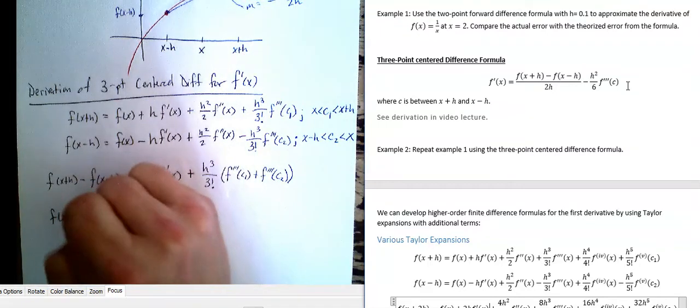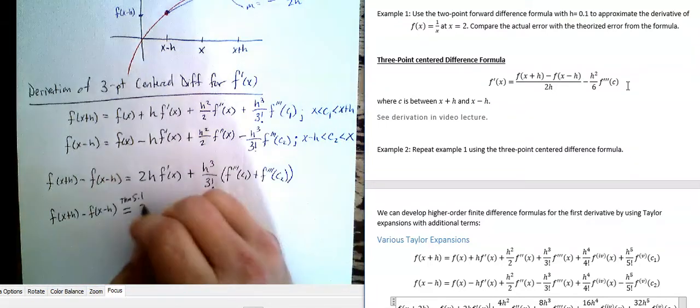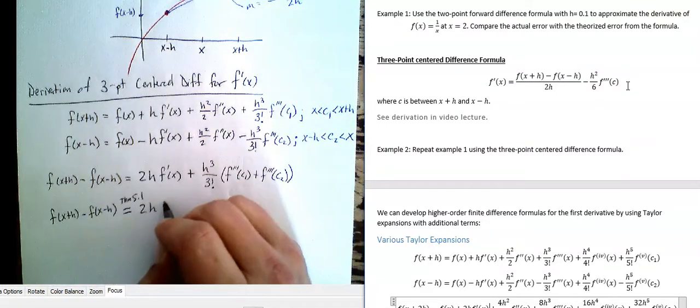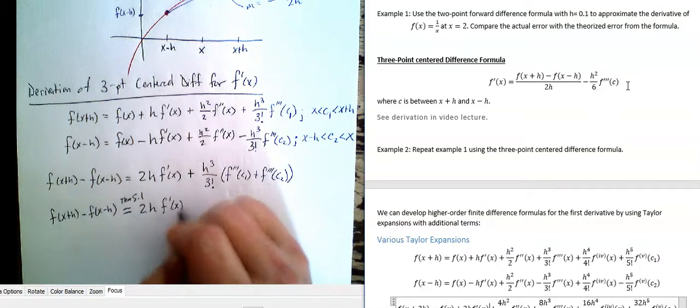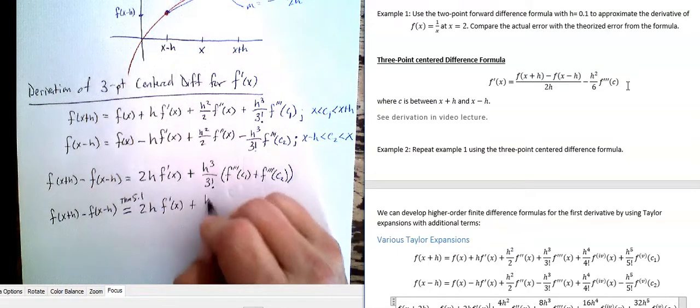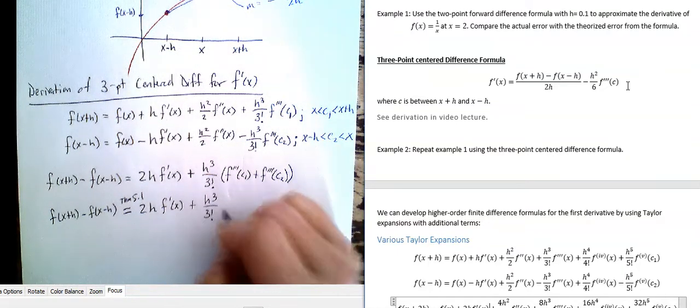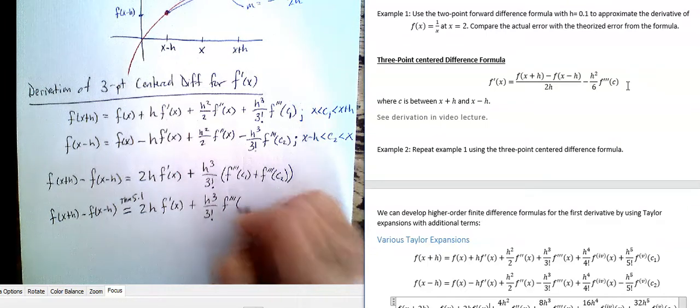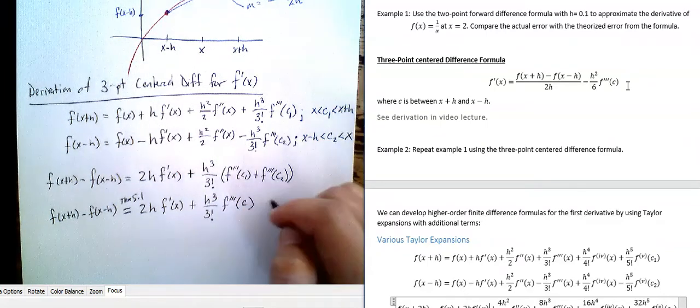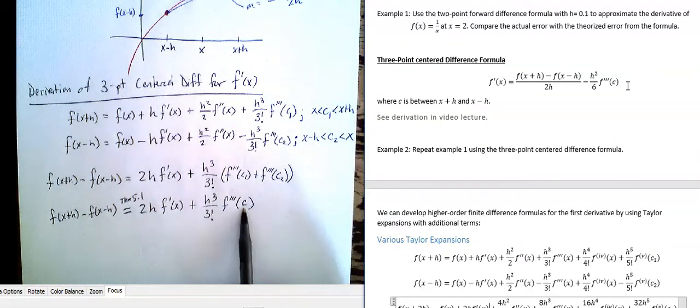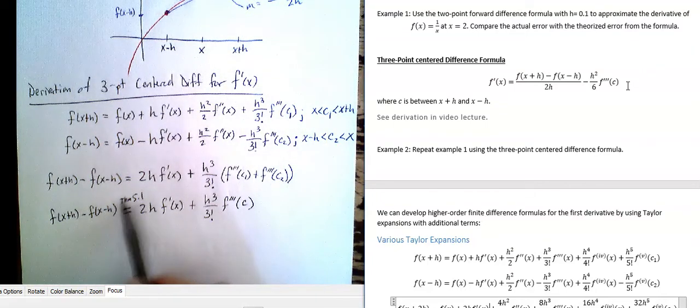So we'll just write this. It's 2h f prime of x plus h cubed over 3 factorial f triple prime of c. Okay? So c is going to be some number between c1 and c2. Again, that's by theorem 5.1. You can take a look at the proof in the book.